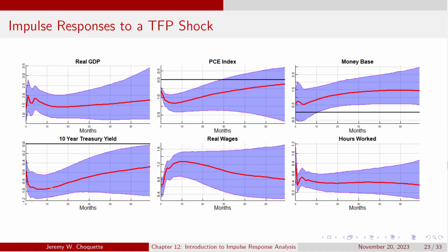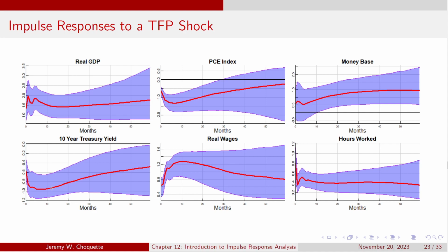So all this stuff right here is consistent with a total factor productivity shock. The data tells us that the real business cycle model predicts a total factor productivity shock really, really well. So U.S. economic data, when put into this type of a model and tested, confirms the predictions of a total factor productivity shock in the real business cycle model.